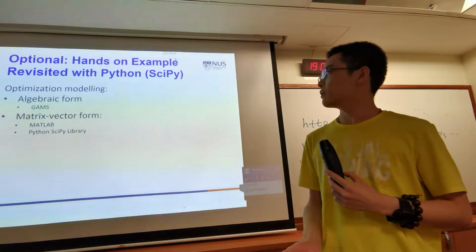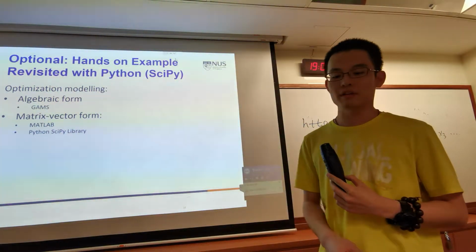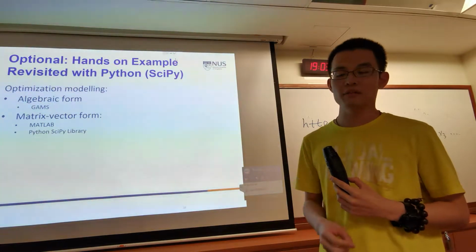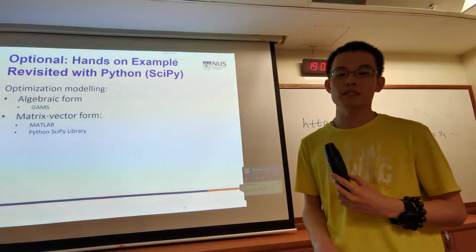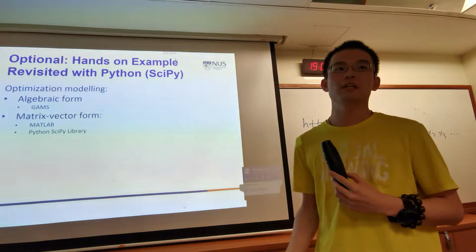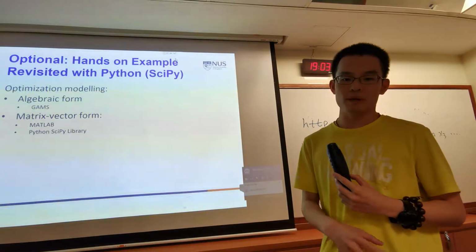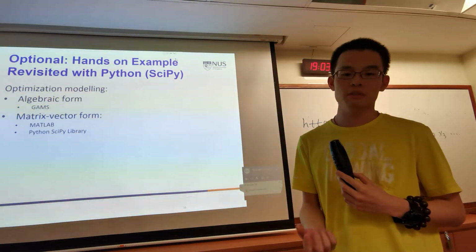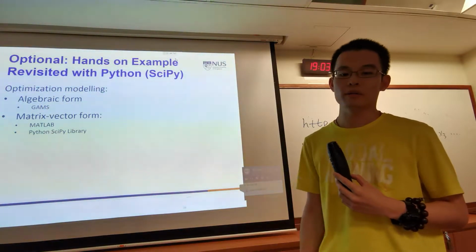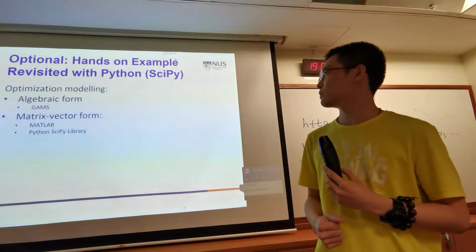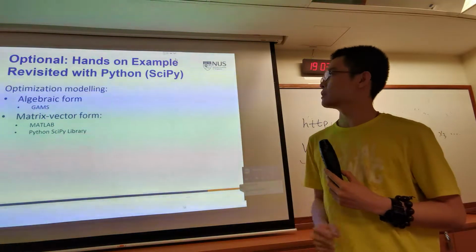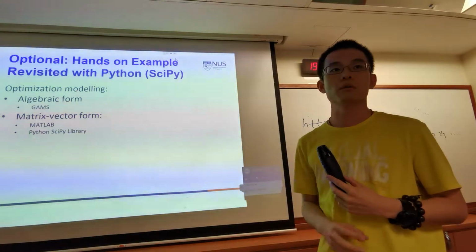For example, in the previous example, as Lanyu has introduced, for the decision variable we have two sets of indices: one for the origin, the other for the destination. But if you want to program this in MATLAB or use the SciPy library, then you must put everything in a vector. This means the vector matrix form is not as powerful as the algebraic form when you deal with large-scale problems.